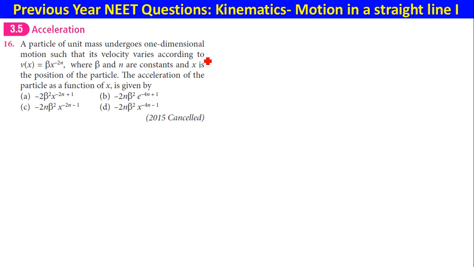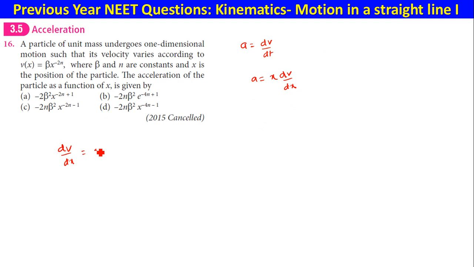So here, if acceleration is a function of time, then you can use this equation. But please remember, when velocity is a function of x displacement, then you cannot use this equation. You have to use a equals v dv by dx. Let us first find out what is dv by dx for this equation.